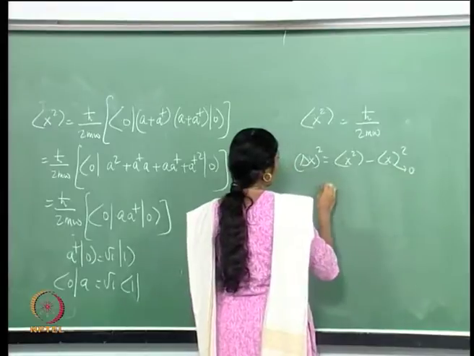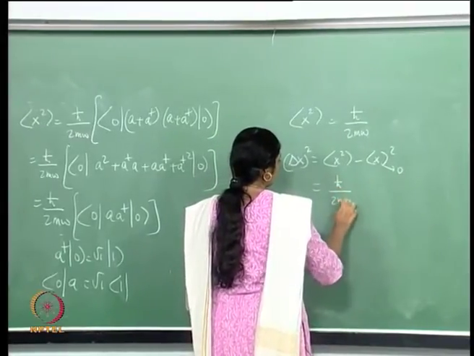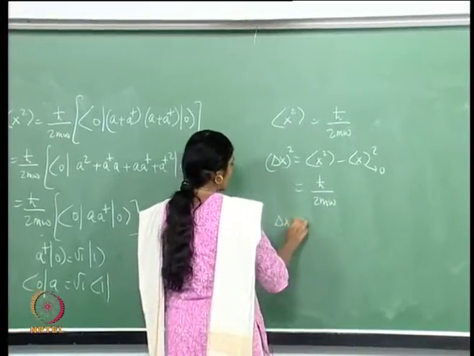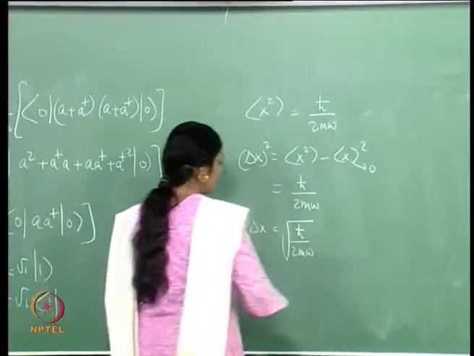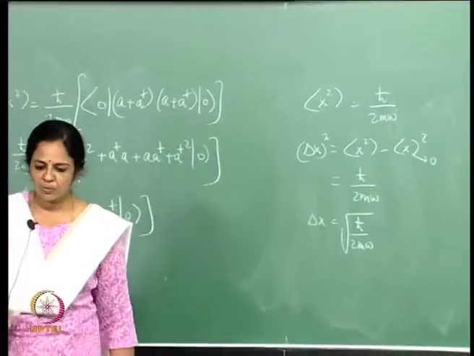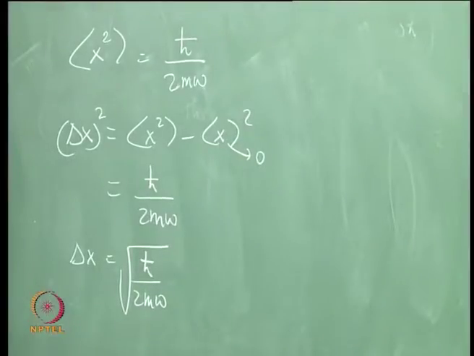Now, this object was 0 and this was h cross by 2 m omega, or delta x is equal to root of h cross by 2 m omega. So, there is the spread in x. Although the mean value is 0, there is a spread in x, and that is given here.